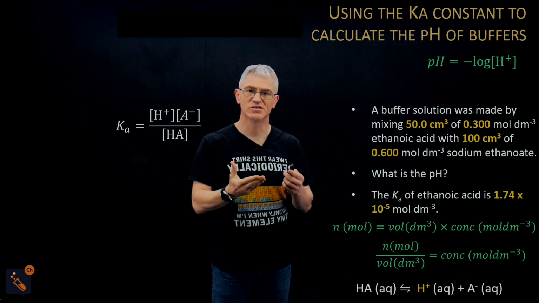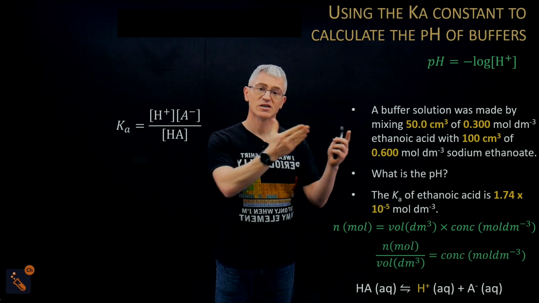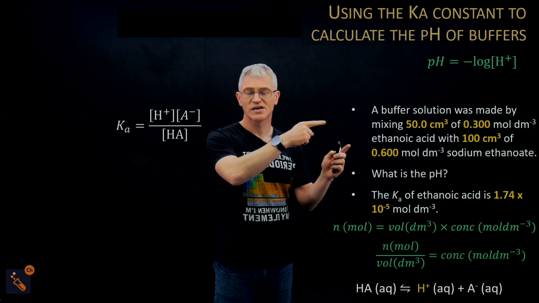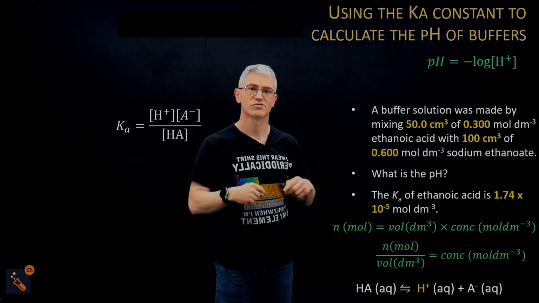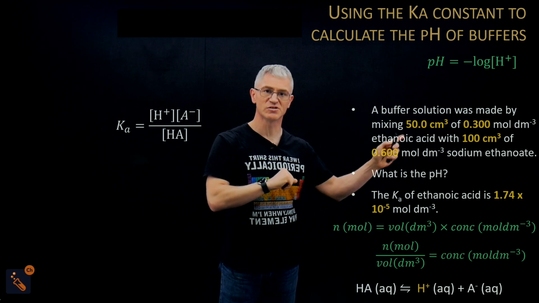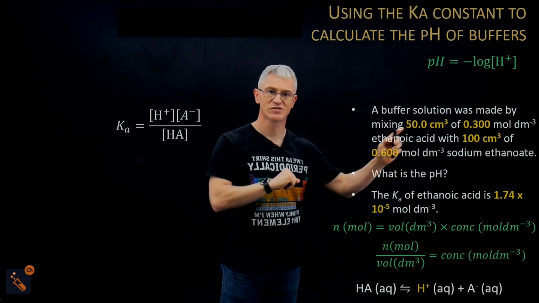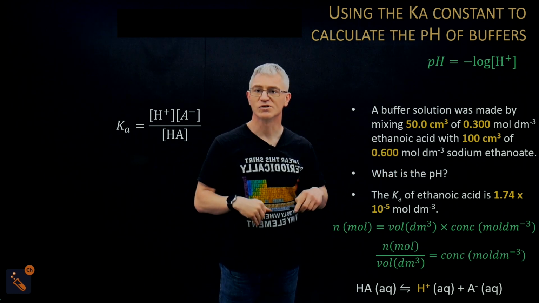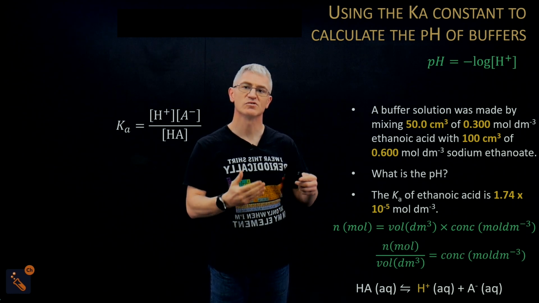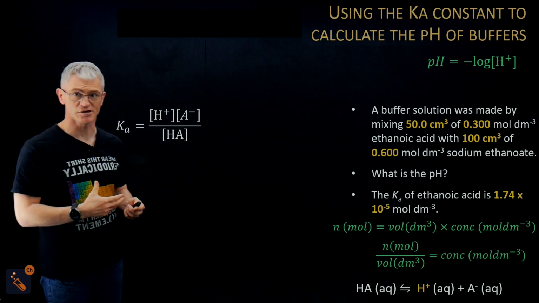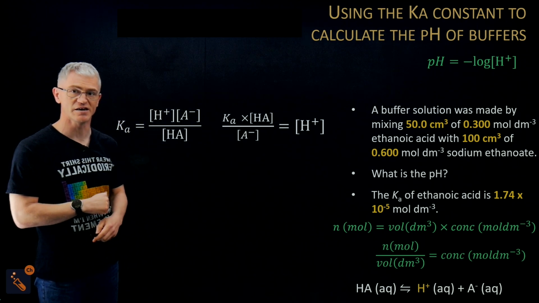A lot of the equations are going to have separate solutions which you then have to work out the moles of each one, and then you have to calculate the new concentrations once you've added the two volumes together. So the total volume of the solution is 150 centimetres cubed. So we work out the moles in each one of them, and then we use the new volume to work out the concentration of A minus and HA. I'm going to show you how to do that now, okay?